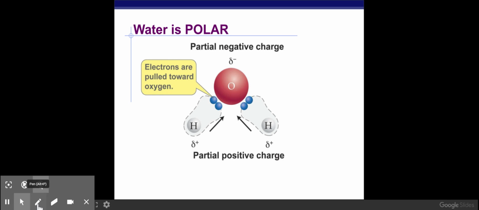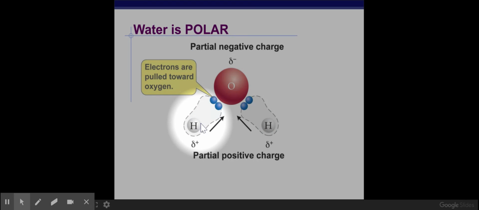You have your two hydrogens, and then here's your oxygen. Now these right here are going to be the electrons that are shared. Hydrogen comes with one electron, and oxygen is going to share one electron with it.